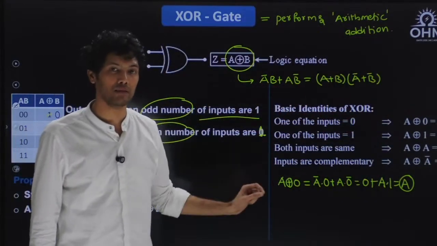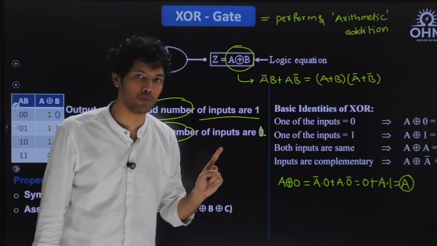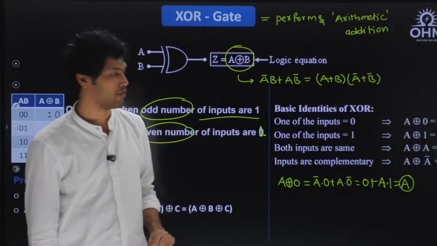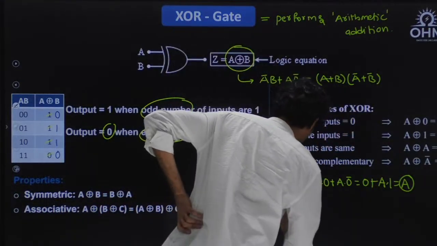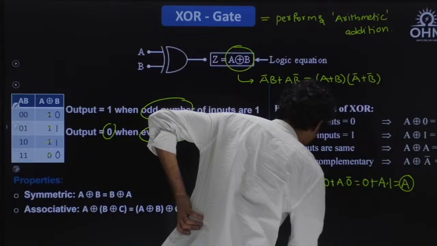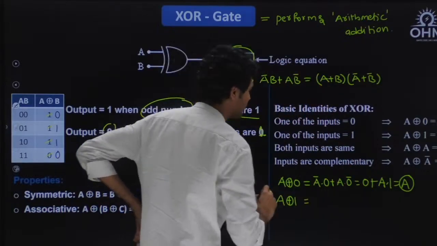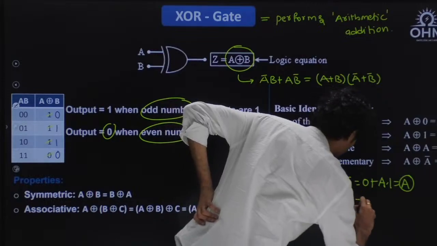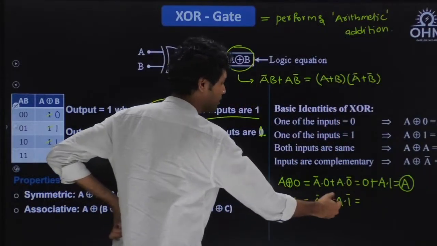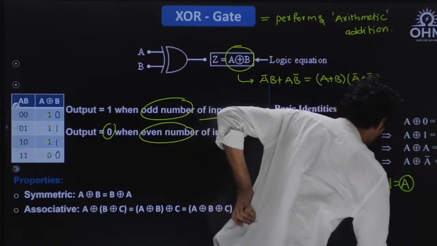Do remember that whenever in an XOR gate one of the inputs is 0, it functions as a buffer gate, and whenever one of the inputs is 1, it functions as a NOT gate. A XOR 1, according to this formula, is A bar into 1 plus A into 1 bar. Anything into 1 is the term as such, so A bar.